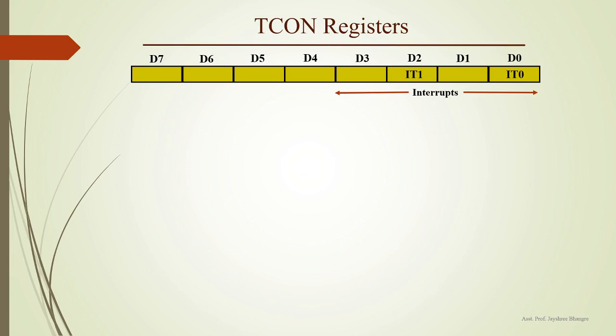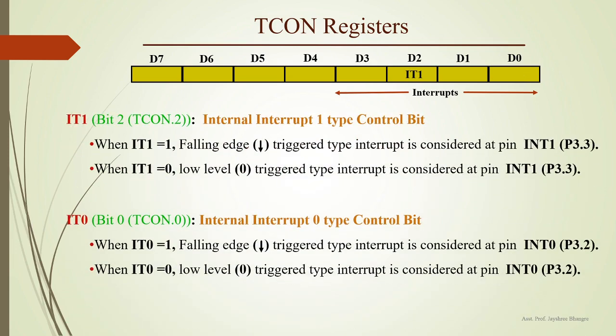Then IT1 and IT0, these are the external interrupt type bits. When IT1 is equal to 1, falling edge triggered interrupt is considered at pin INT1, and when this is 0, low level triggered interrupt is considered at pin INT1.